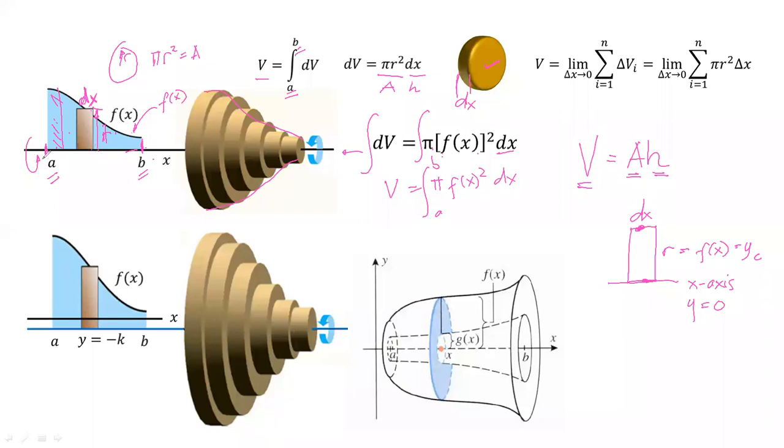You're going to rotate the chosen differential element on a particular axis to get the volume that you desire. If you choose dx, it's perpendicular to the axis of rotation. It makes a right angle with the axis of rotation.